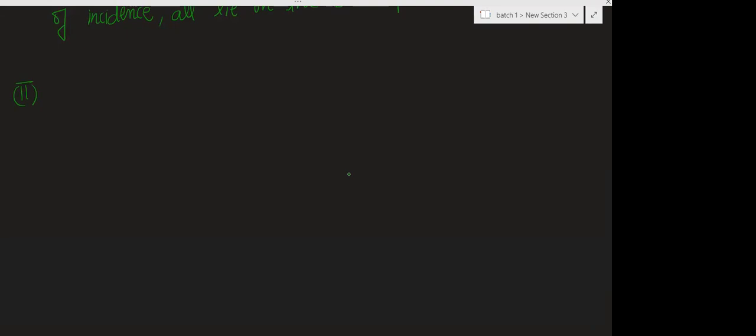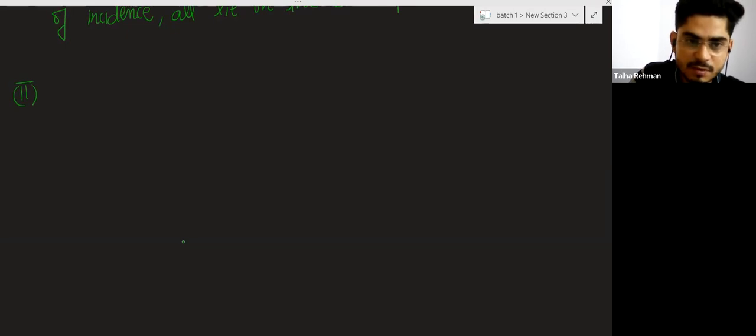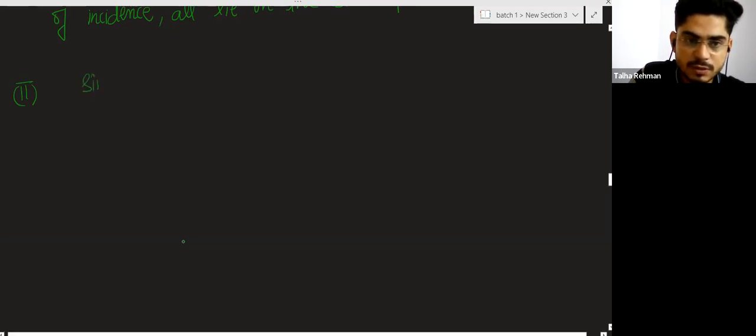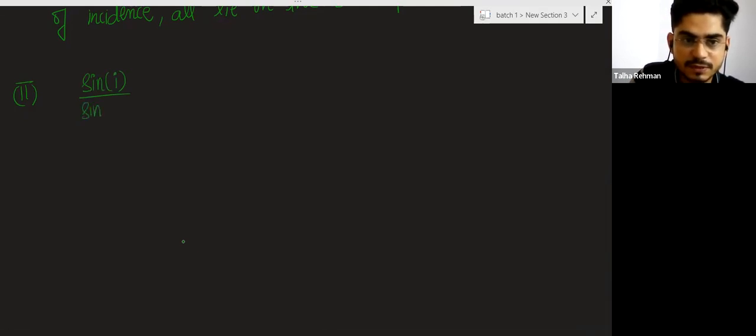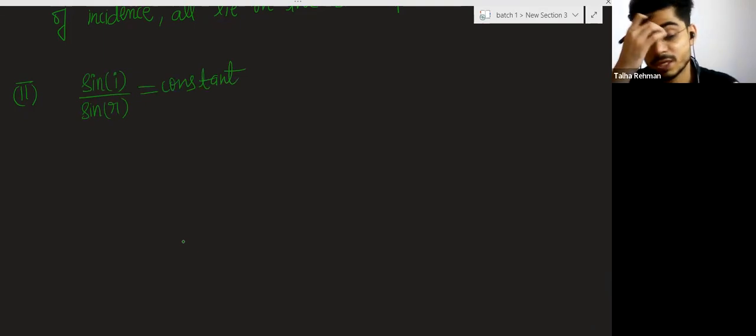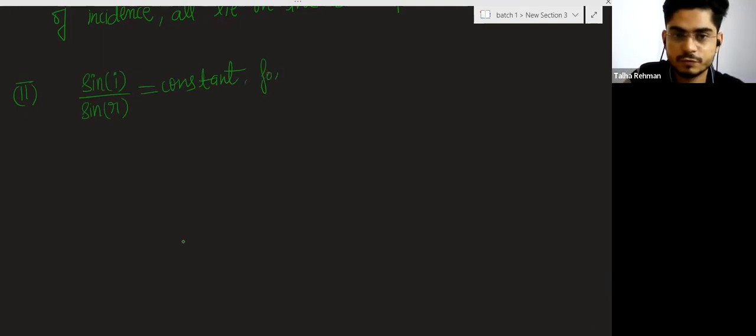So the second law of refraction is, if you take the ratio of sine of angle of incidence to sine of angle of refraction, then you will get this as constant for a given pair of media.